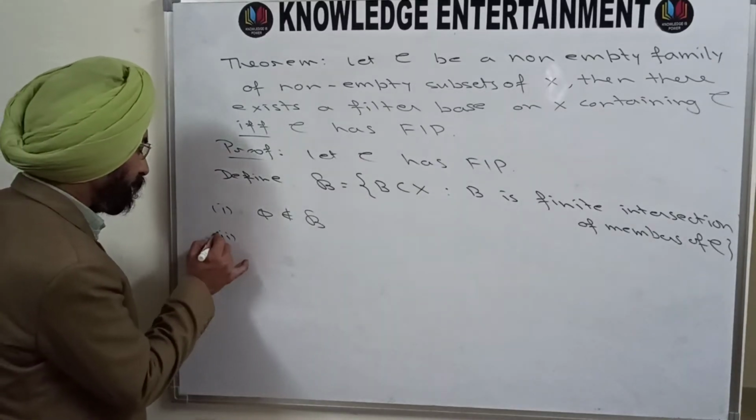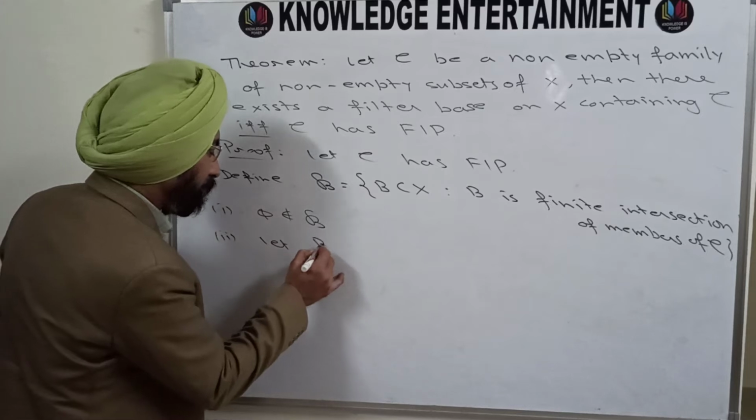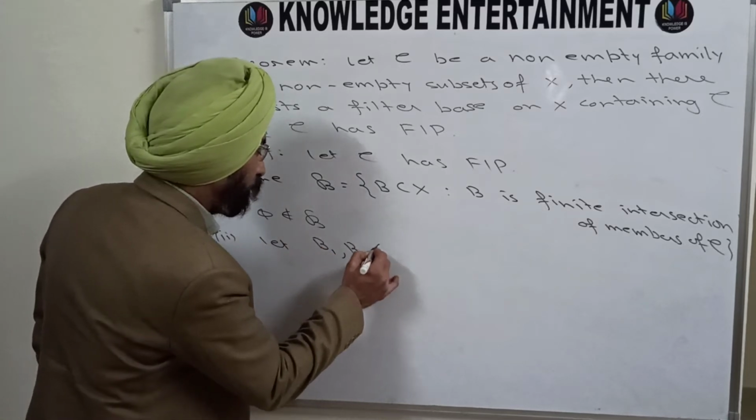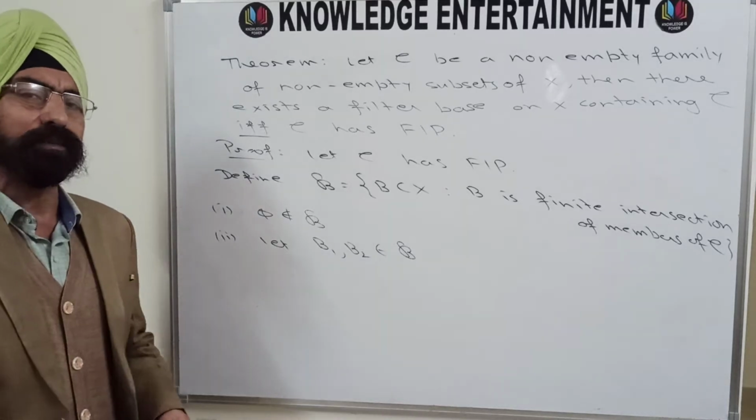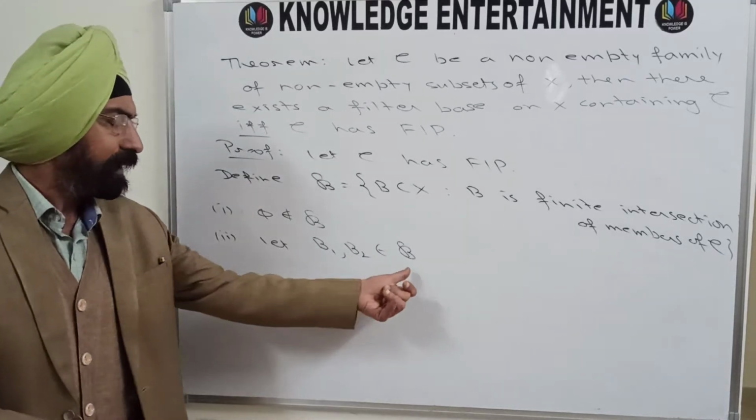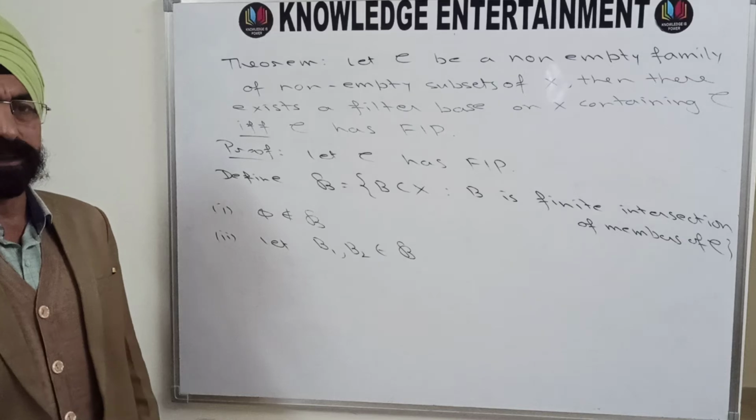So this B cannot be an empty set, so phi does not belong to B. Secondly, let B1, B2 be two members of B. We have to show that there exists a third member B in this family such that B is a subset of B1 intersection B2.